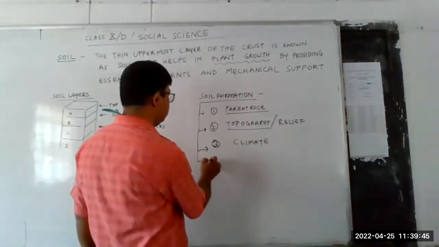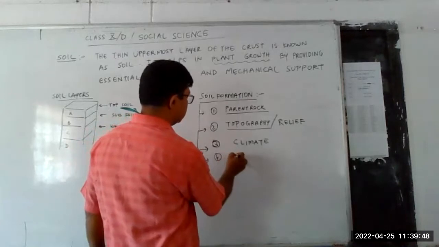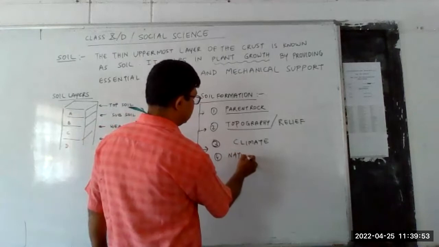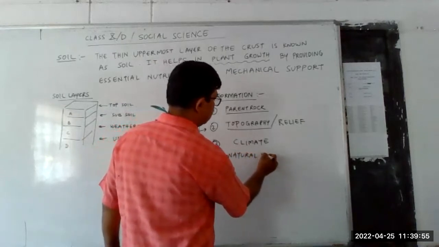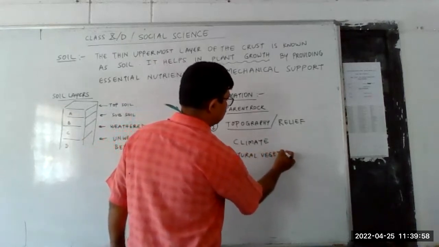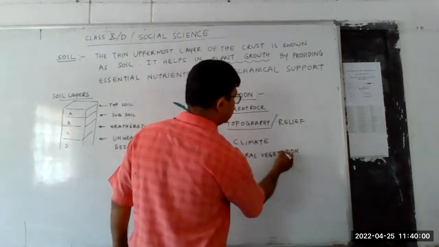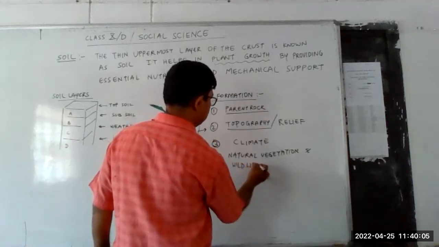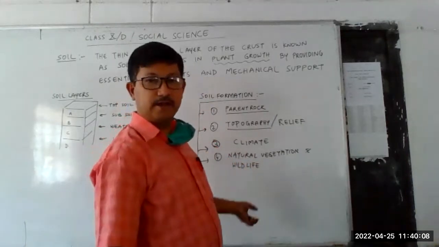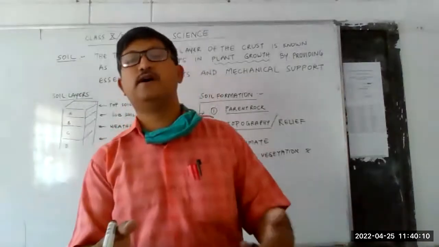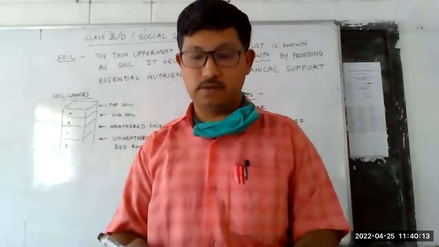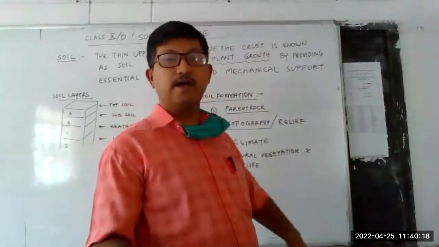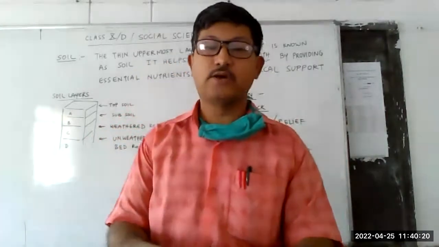Number 4, natural vegetation and wildlife. Natural vegetation and wildlife can also be described as flora, fauna, and microorganisms, because natural vegetation and wildlife contribute fertility to the soil.